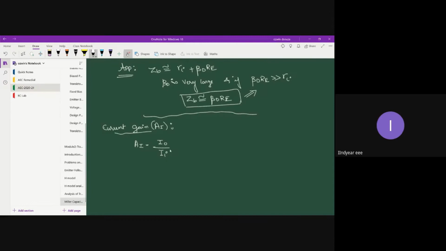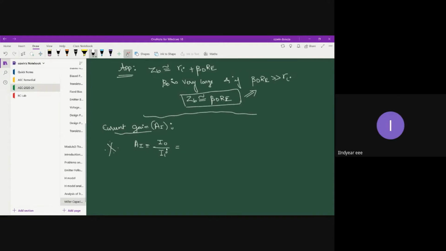Now, in order to find the current gain, the analysis is not that straightforward, because there are two transistors involved. Even though we have taken the overall current gain as beta D, it makes sense to provide the realistic picture of current gain. That's the reason I'm following this type of derivation.